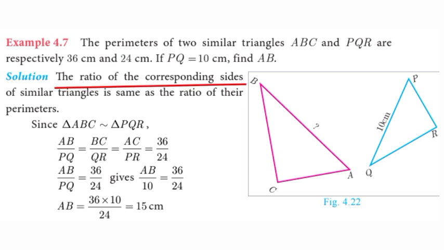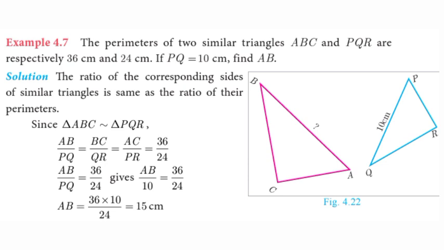Solution. The ratio of the corresponding sides of similar triangles is the same as the ratio of their perimeters. This is the condition. Since triangle ABC is similar to triangle PQR, the corresponding sides are proportional.